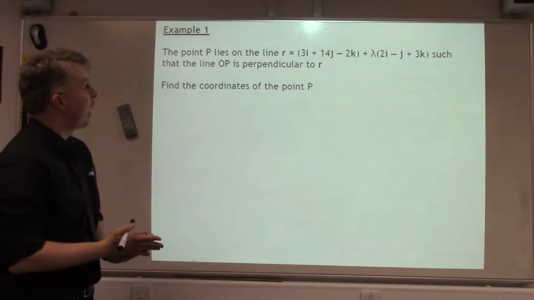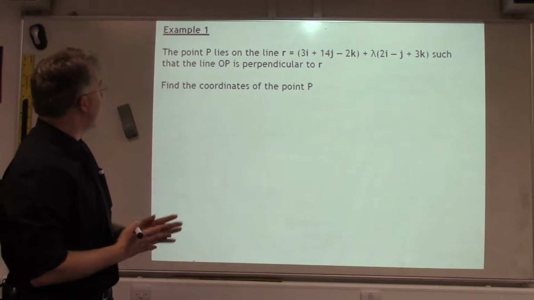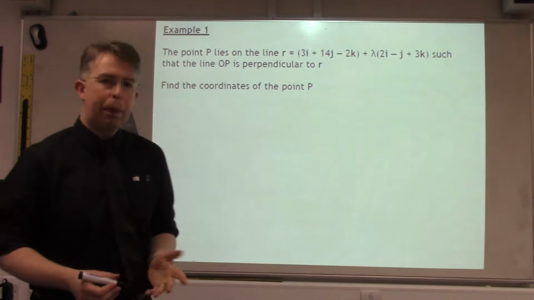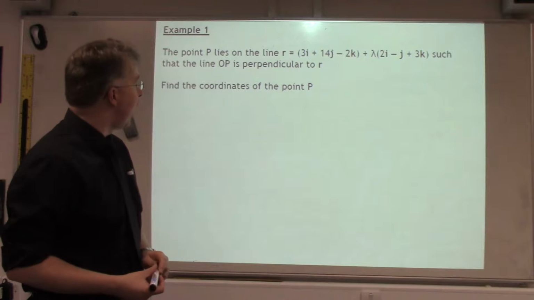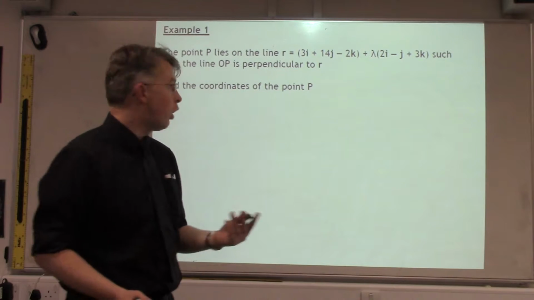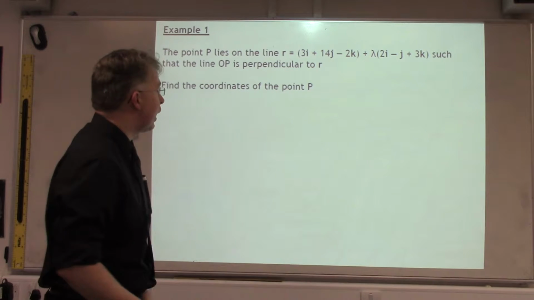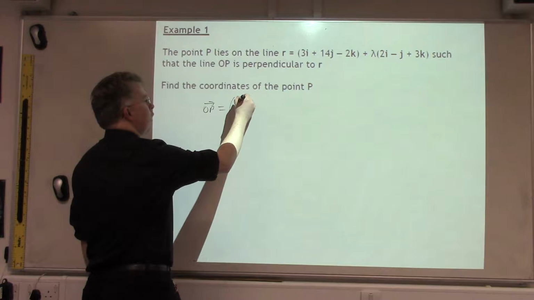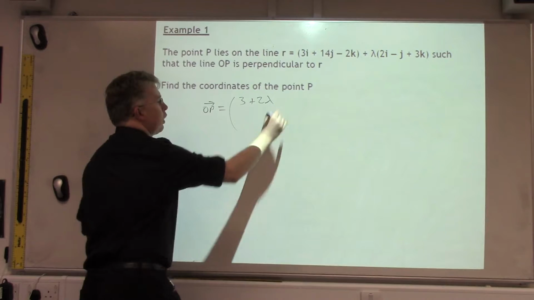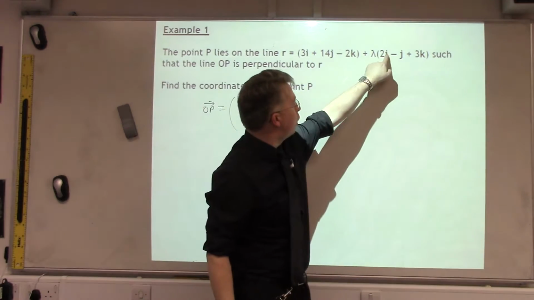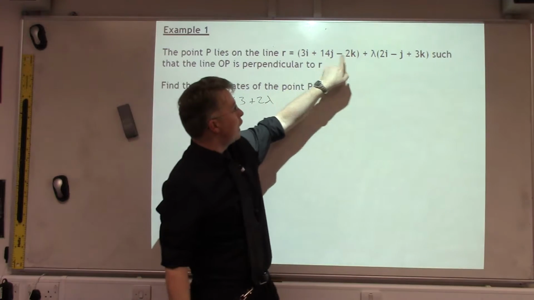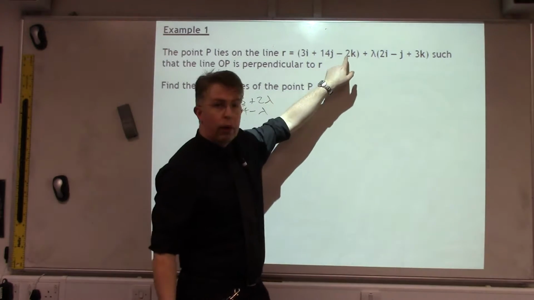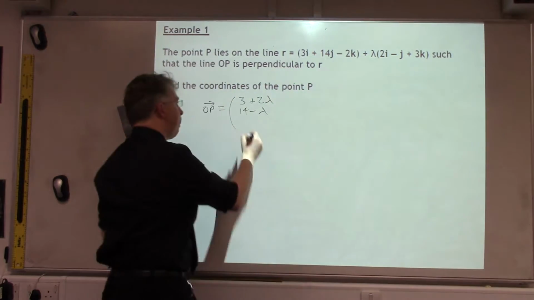Example 1. The point P lies on the line R such that the line OP is perpendicular to R, and we're to find the coordinates of the point P. So the point P is a point on that line, so there must be a value of lambda that corresponds to the point P. So we would say that OP equals 3 plus 2 lambda, looking at the x coordinates alone here, 14 minus lambda for the y coordinates, and for the z coordinates minus 2 plus 3 lambda.